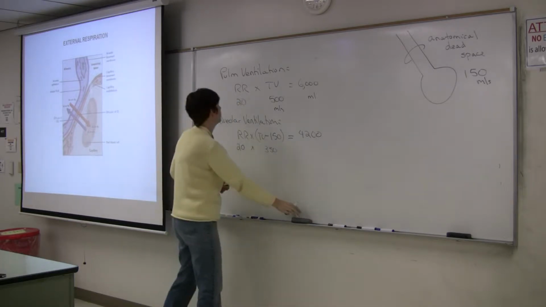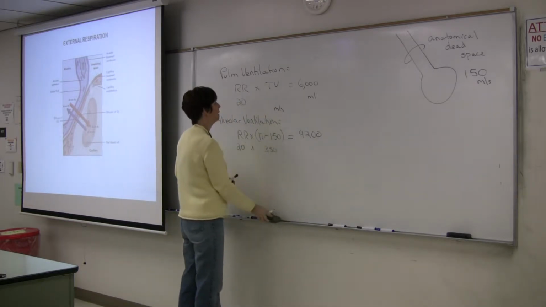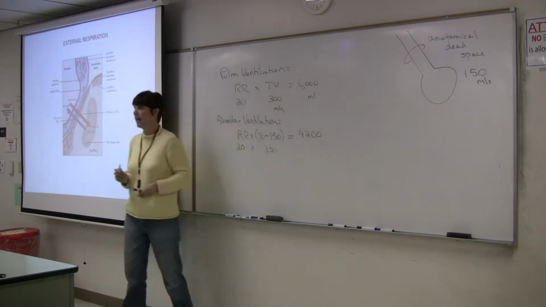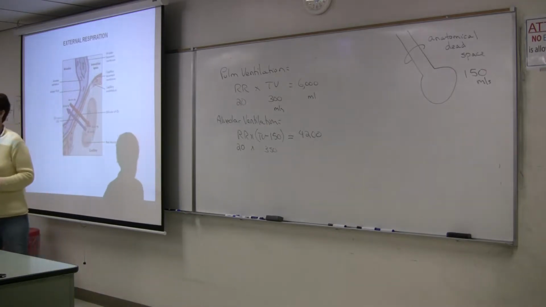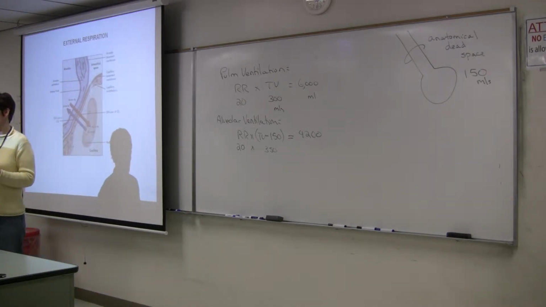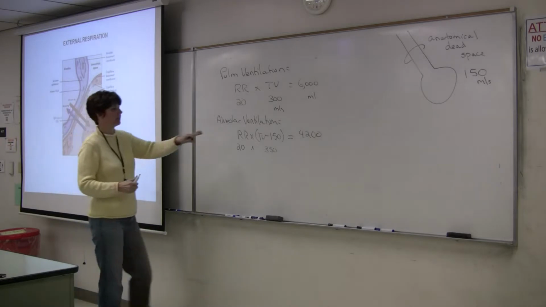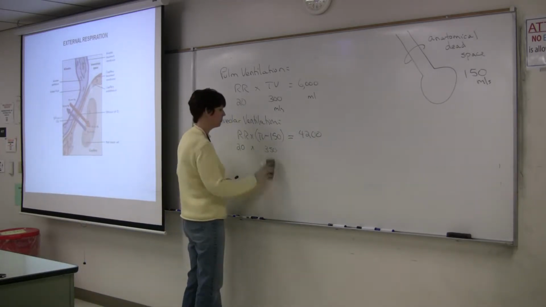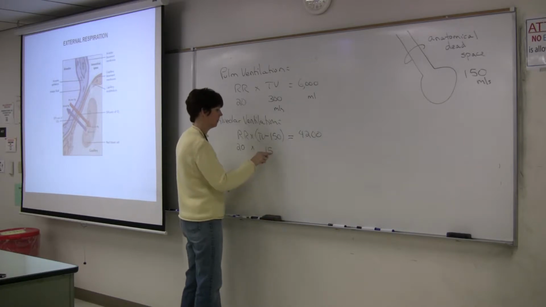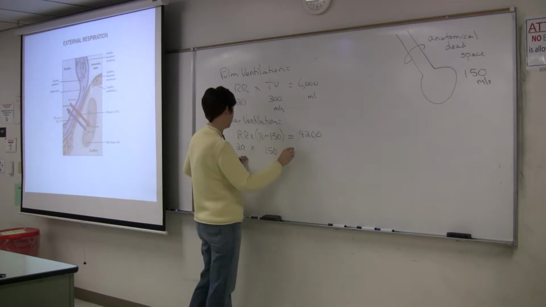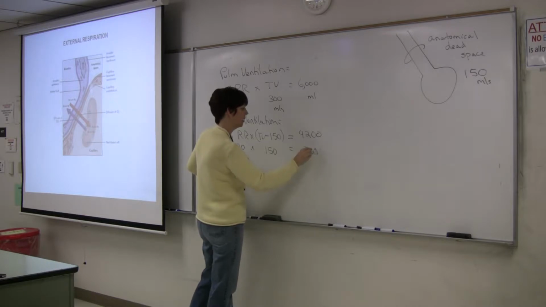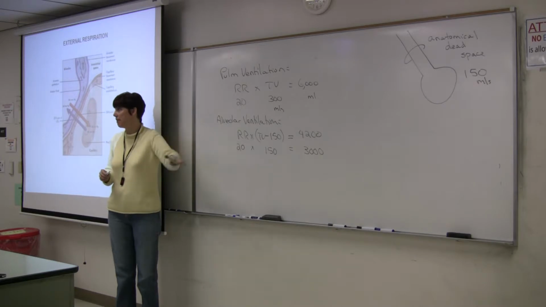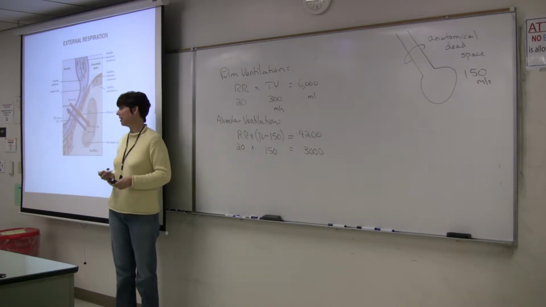And we decrease our tidal volume to 300. Our pulmonary ventilation is still going to be 6,000 mils, all right? However, if we subtract 150 from 300, we've decreased our alveolar ventilation to 3,000, even though we have the same amount of pulmonary ventilation. Okay?